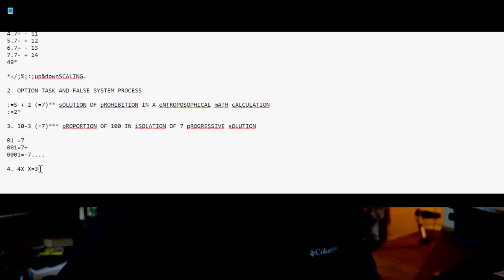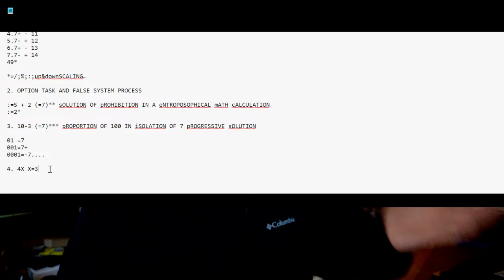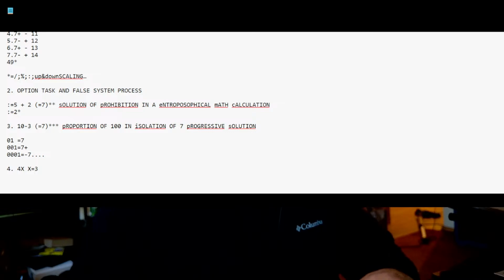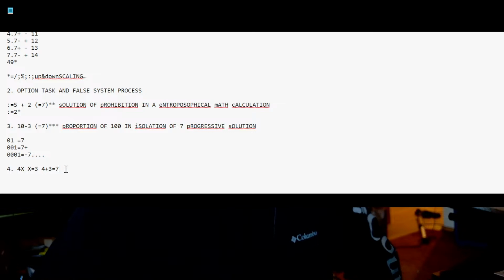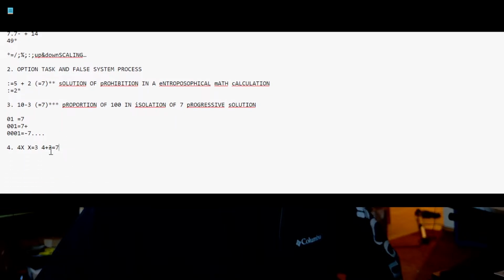So we multiply, and then the result is 4 plus 3 is equal to 7, right? And here we have this multiplicator effect also inside. So it gets directed from 3 to 4. This is also inside.